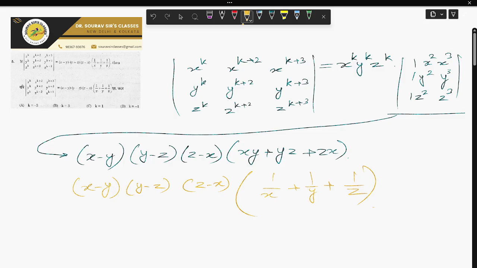So our total determinant is this into x to the power k, y to the power k, z to the power k, and this is equal to the given expression.